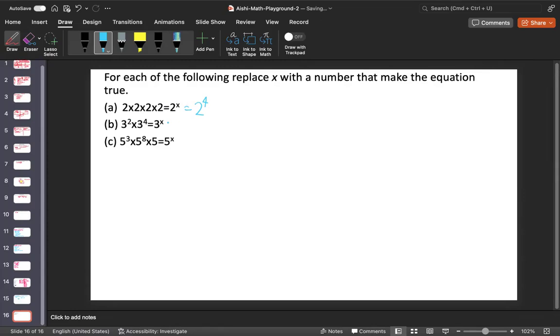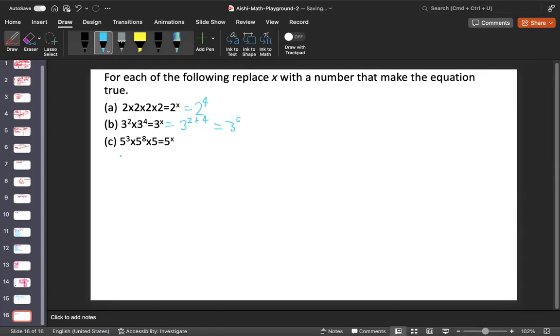And now for this one, we have 3 to the power 2 times 3 to the power 4. Let's use our law. So that would be 3 to the power 2 plus 4, which is equal to 3 to the power 6.